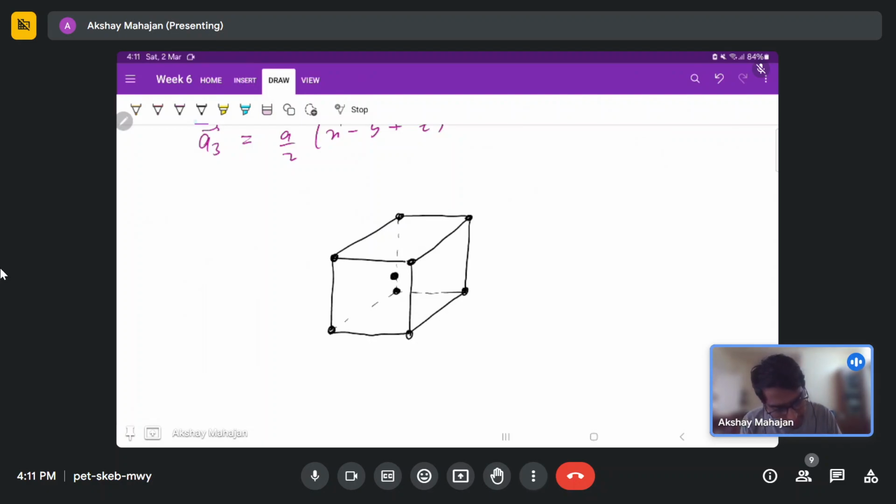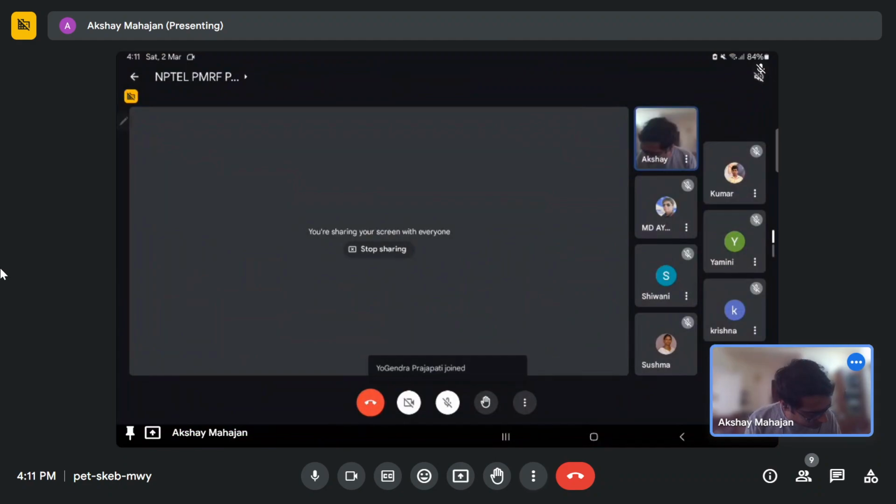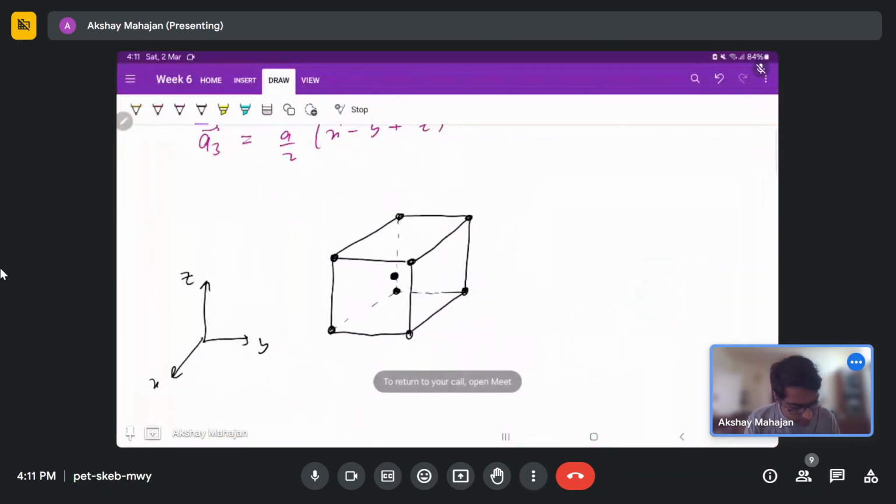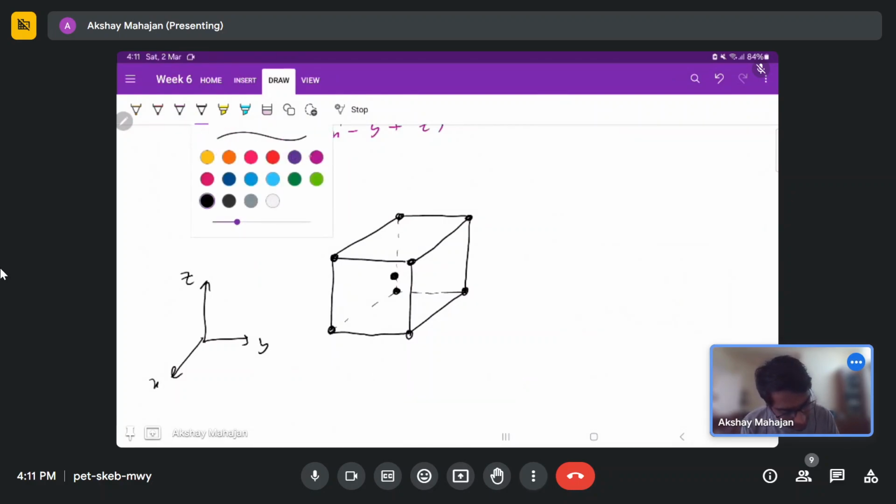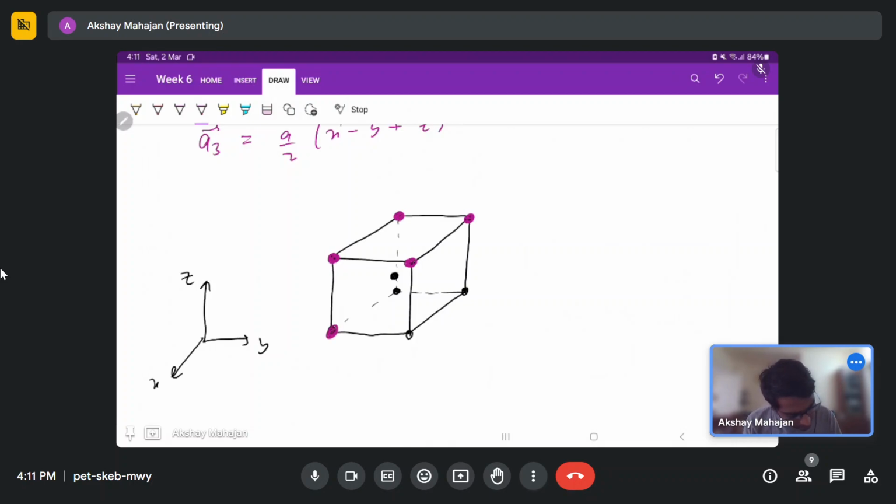Now I will denote them: this is my x-axis, this is my y-axis, and this is my z-axis. So these are the atoms in this system.